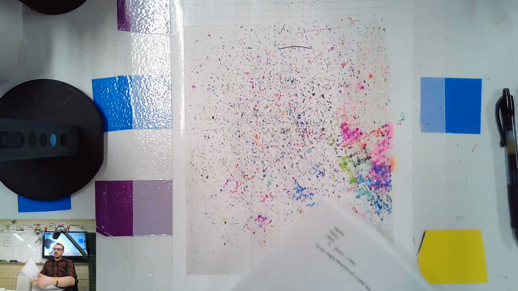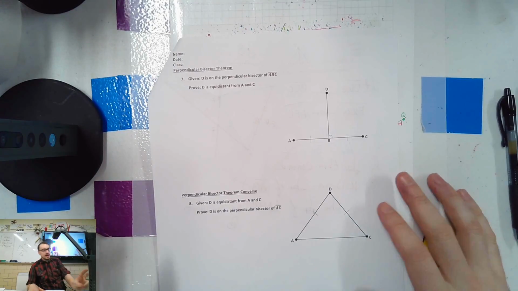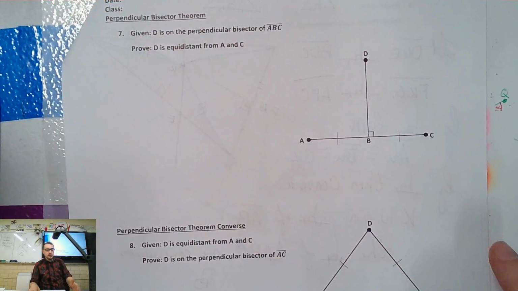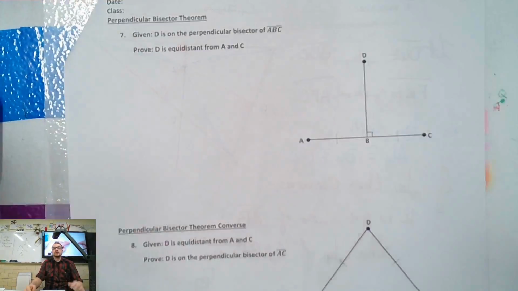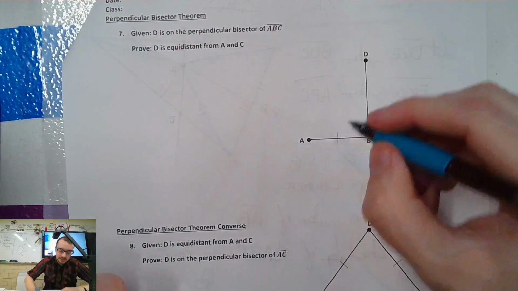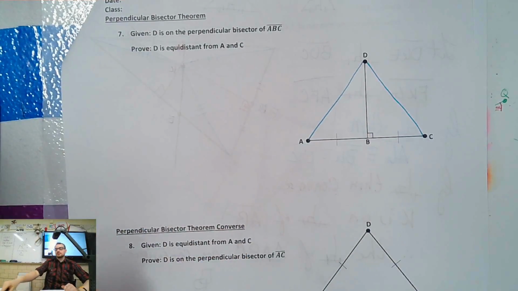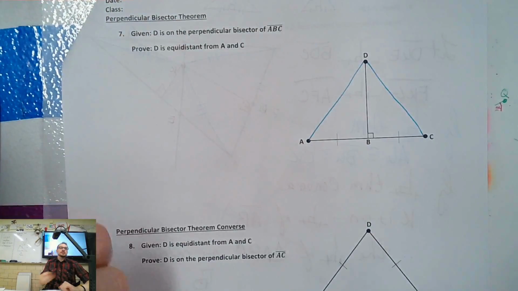All right, speaking of perpendicular bisector theorem, how do we prove it? How do we prove that D is the same distance between A and C? Well, let's draw in that distance, right? And I create two triangles. How do I prove those two blue lengths are the same?